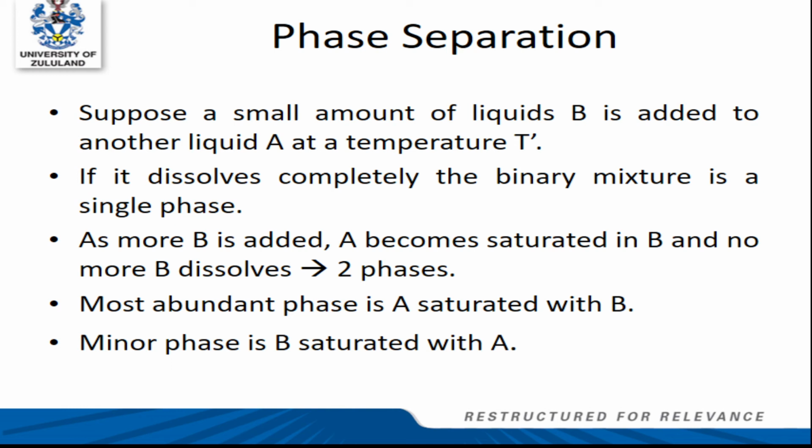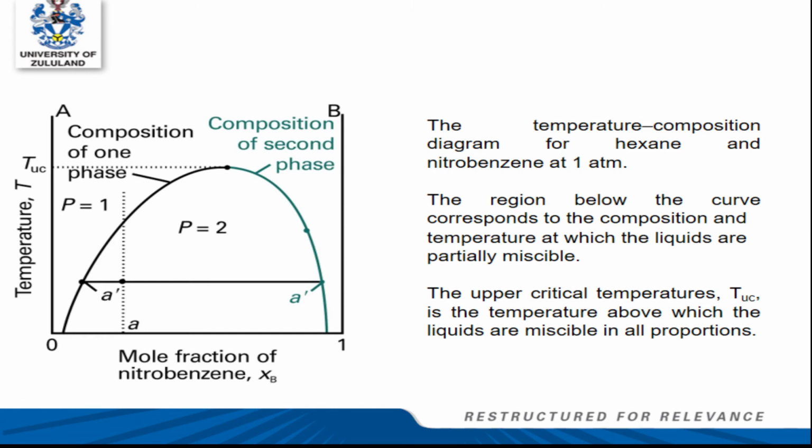As more of component B is added, A becomes more saturated in B and no more B will dissolve. As a consequence, we are going to have two phases. In other words, the most abundant phase is A, that is saturated with B, and the minor phase is B, that is also saturated with A.